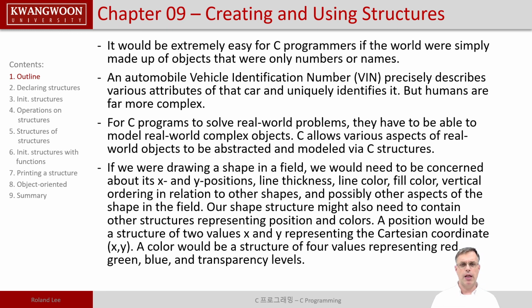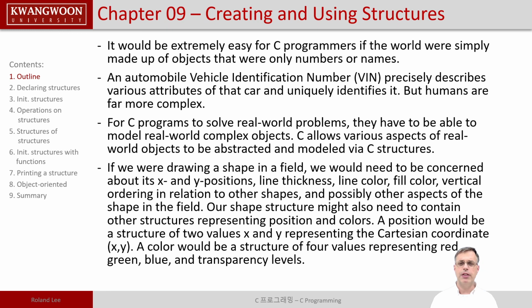Imagine if everyone were expressed as only a name or a series of numbers, but nothing else. In an automobile, the vehicle identification number, the VIN, precisely describes various attributes of that car and uniquely identifies it.